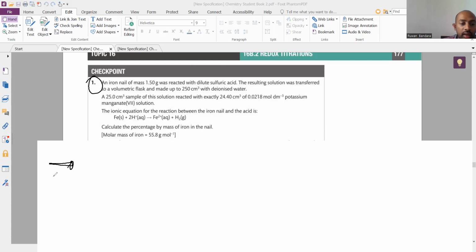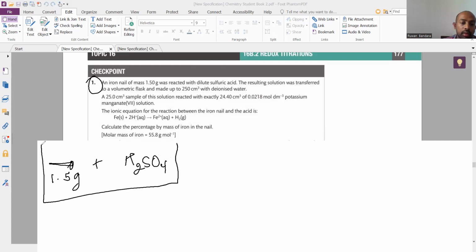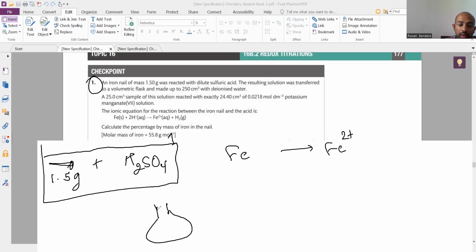Iron nail is there. Mass is 1.5 grams. Right. So you are adding this to dilute sulfuric acid. So what happened? Iron becomes Fe2+. And then you are going to transfer this solution to a 250 cubic centimeter volumetric flask.